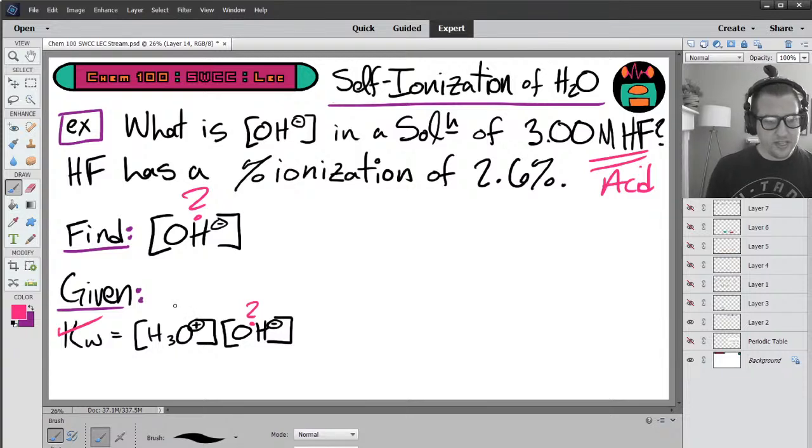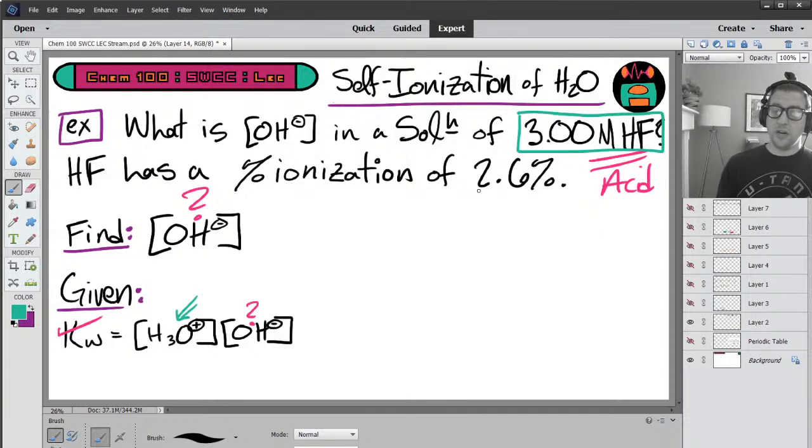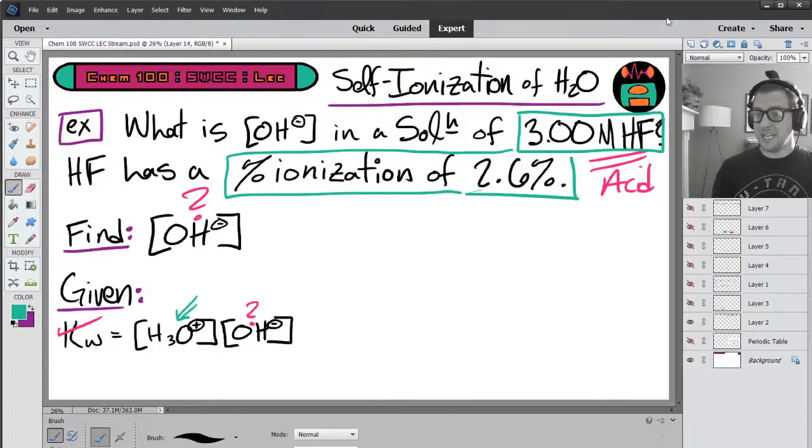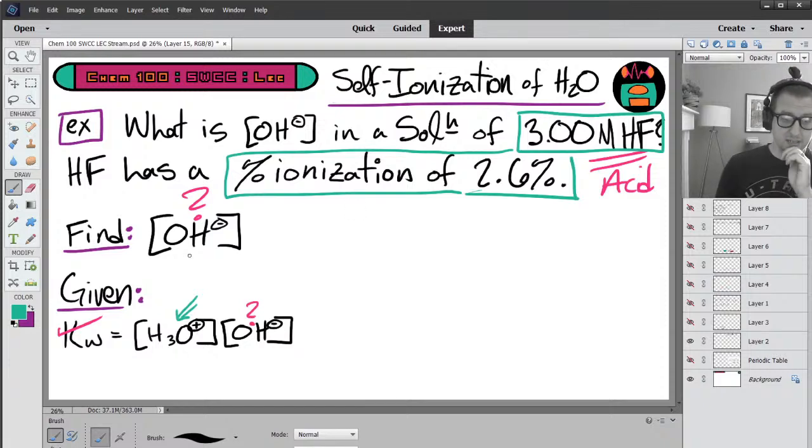That means solving this problem hinges on our ability to find the molarity of hydronium. Now, the only other pieces of information we're given are the molarity of HF and its percent ionization. So how do these connect?